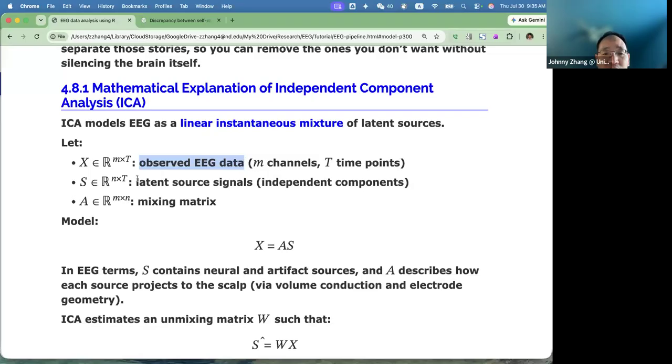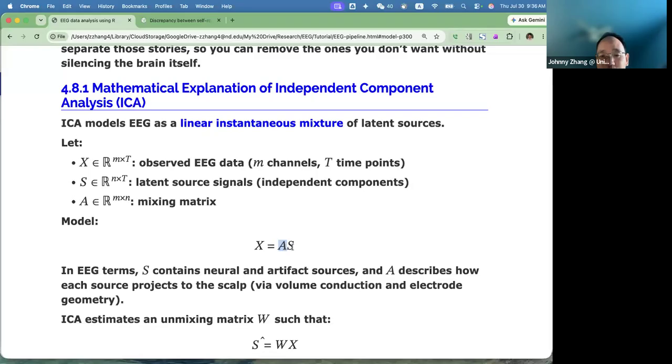And then we have source signals, so those are the independent components, the signals from different sources, right? Then we observe the EEG data from the latent sources through a mixing matrix. Okay, so the mixing matrix means how we combine the different latent sources together to generate the observed signals.